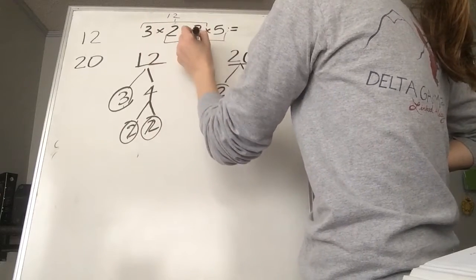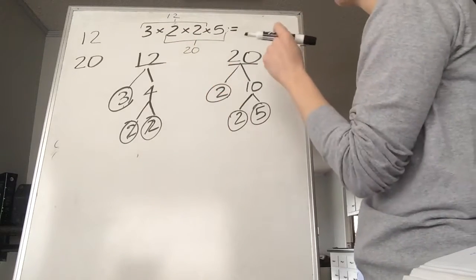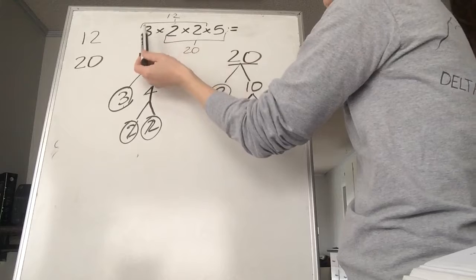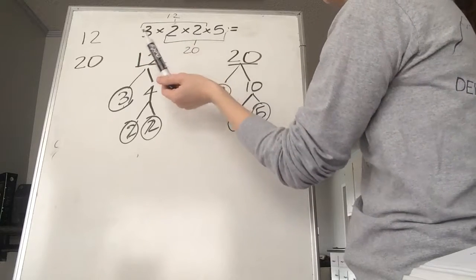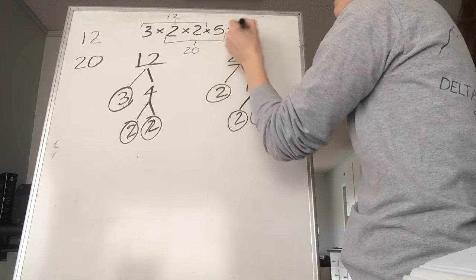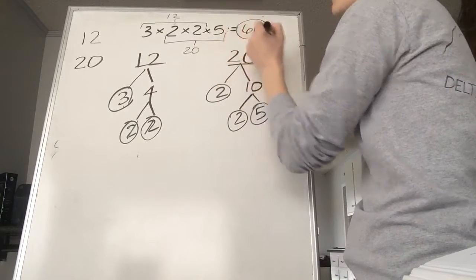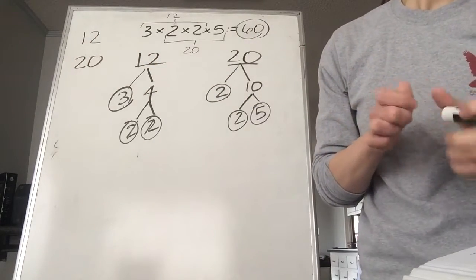And 2, 2, 5 will equal 20. So both numbers are there. When I multiply 3 times 2 times 2, that gets me 12. 12 times 5 is 60. So our least common multiple between 12 and 20 is 60.